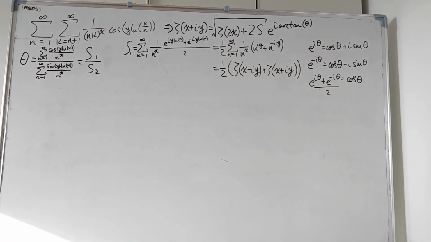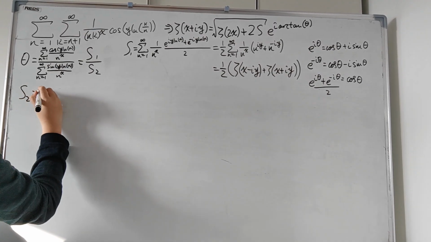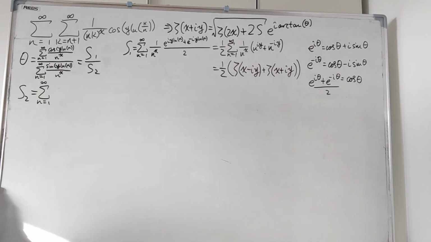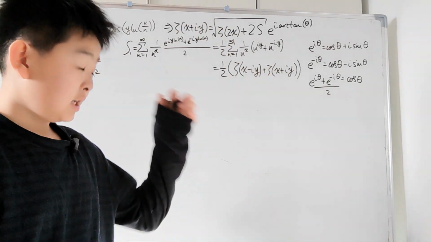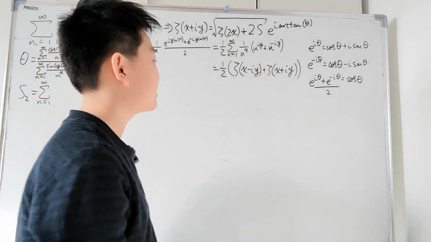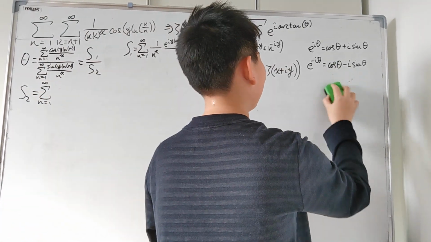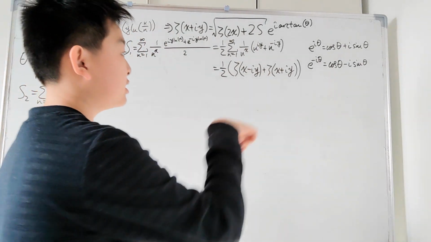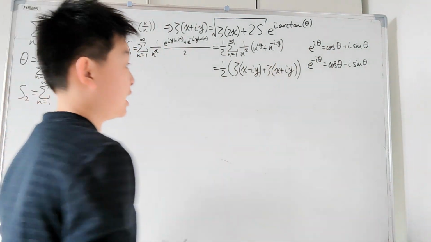And now for our bottom expression, it's going to be S2 is equal to a sum, n equals 1 to infinity. And we're now going to go back to this. Basically what we're going to do is now subtract one from the other so that the cosine terms cancel out.